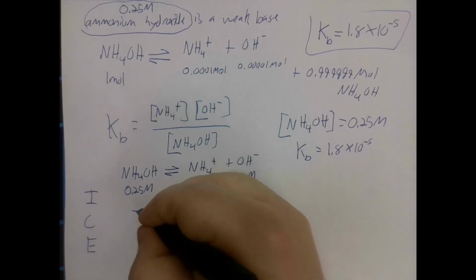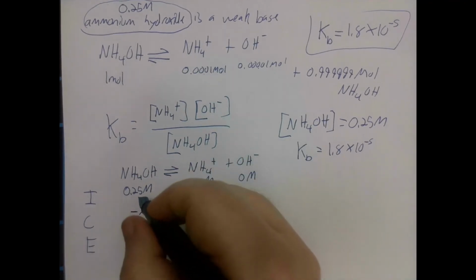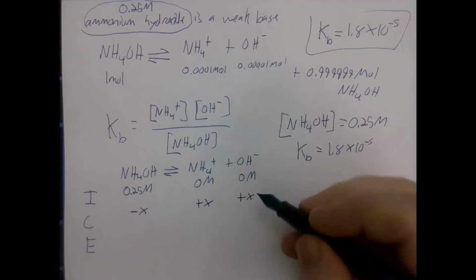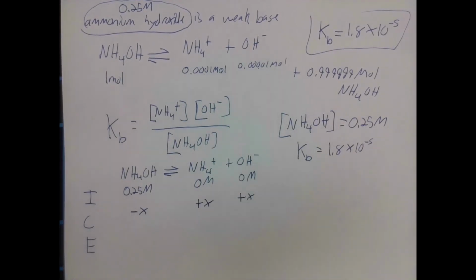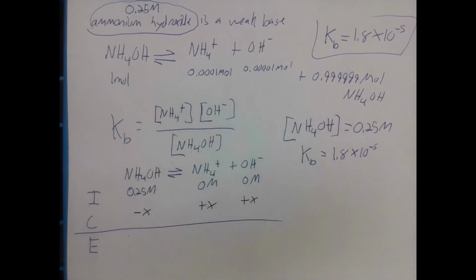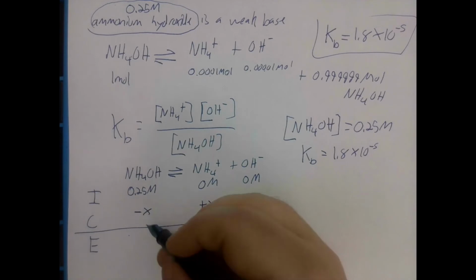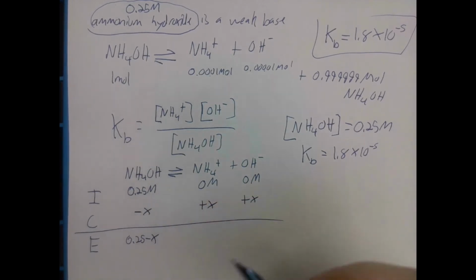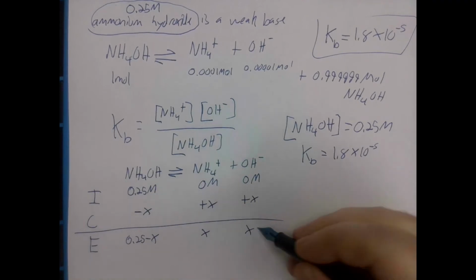We're going to lose some X amount of molecules, and we're going to get some X amount of ions here. So my concentration at equilibrium is going to be 0.25 minus X, and X, and X.